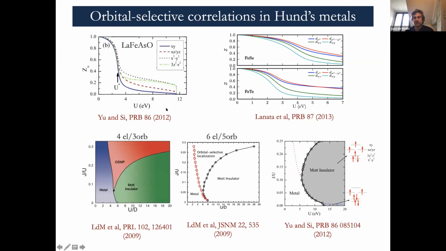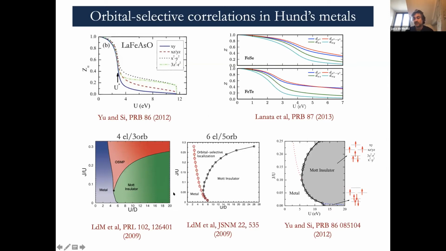There is a lot of work that has been done in this respect, both from the Rice group and from our groups in the last 10 or more years, and these orbital selective correlations in these zones of strong correlation dominated by Hund's coupling, which are nowadays called Hund's metals, are ubiquitous. Here we did some calculations for iron selenium and iron tellurium long ago, but these were very similar to the calculation by Rong Yu and Qimiao Si on the 111 and many others.